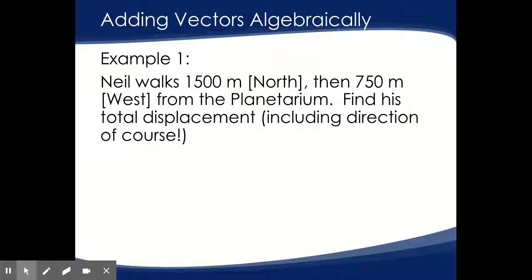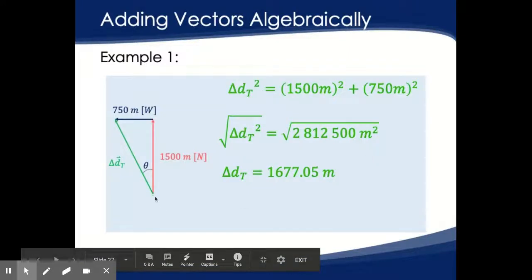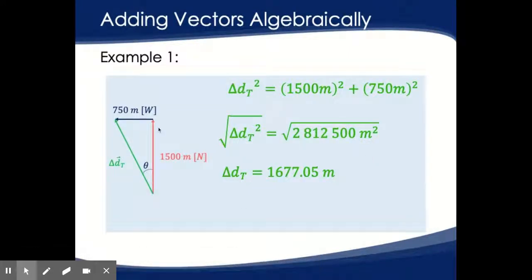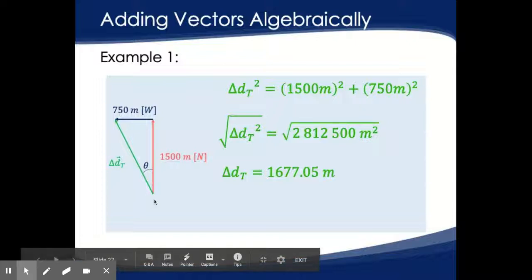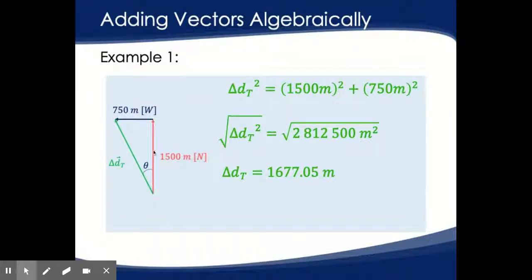So for the first example, Neil walks 1,500 meters north and then 750 meters west from the planetarium. Find his total displacement, including his direction. So if we draw that out, he started here, because you can tell that this is head to tail, right? So we started here, and then we walked north, and then we went head to tail, and we walked west.